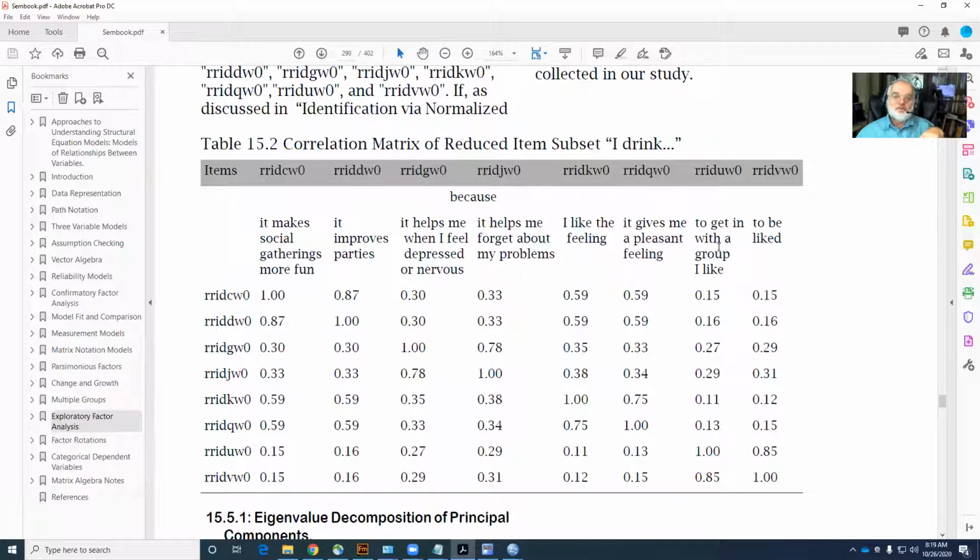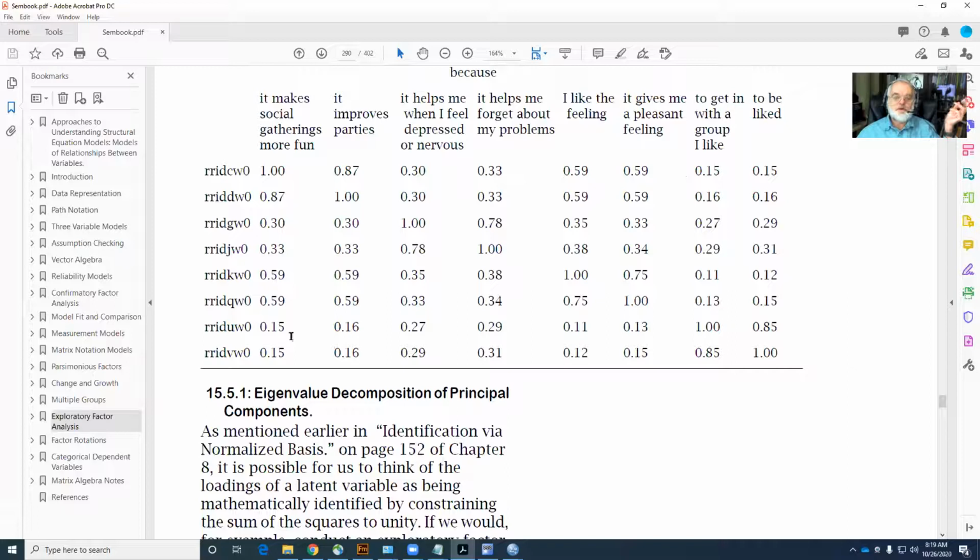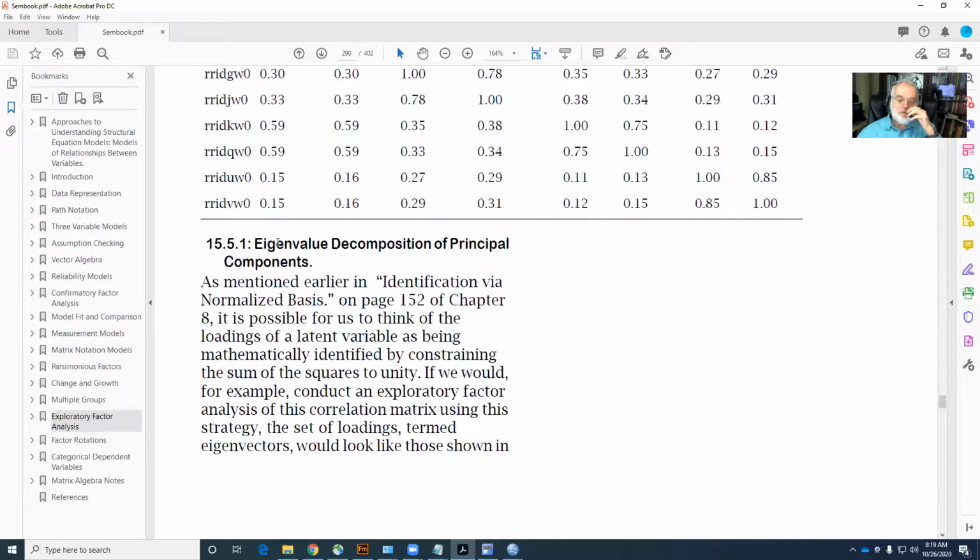So to play with this, the easiest thing that I can think of to talk about is to consider a correlation matrix of a small set of items. And as we talked about, now we can sort of cash in on material we've had earlier in the class. Eigenvalues and eigenvectors are one way to identify a latent variable model.